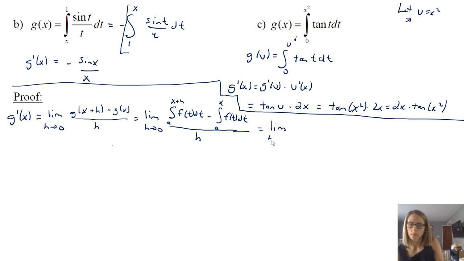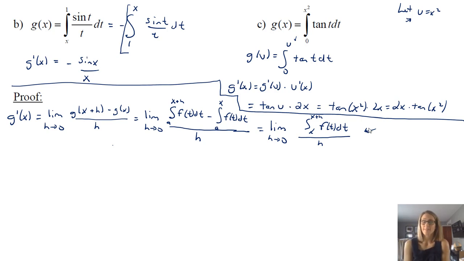So then this is the limit as h goes to 0 of the integral from x to x plus h of f of t dt over h. But the big question is, what is this thing? You're trying to show that this is f of x, and there's a lot there. So we're going to use the idea of bounding.